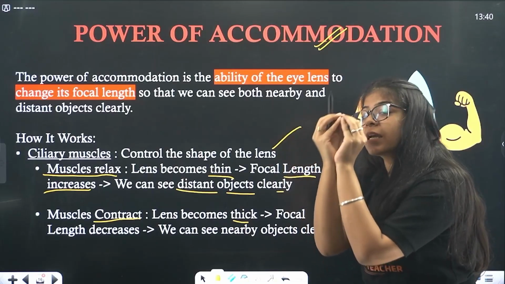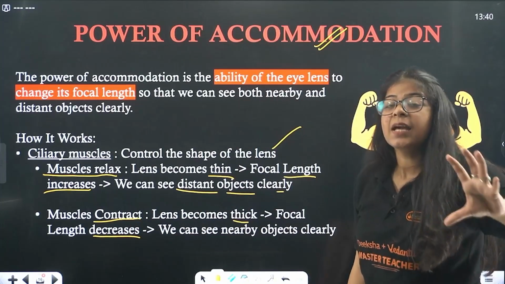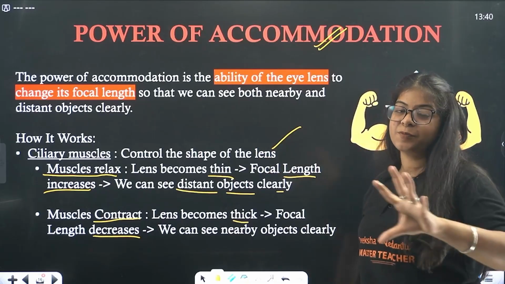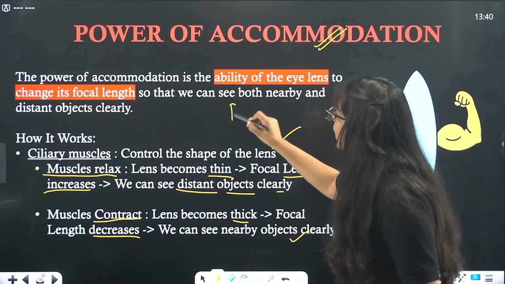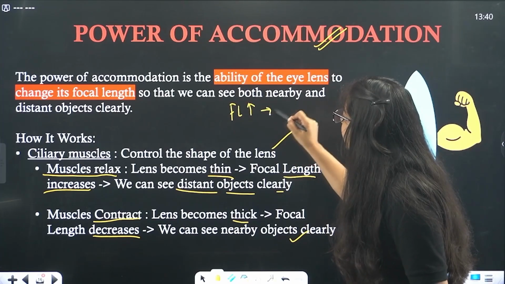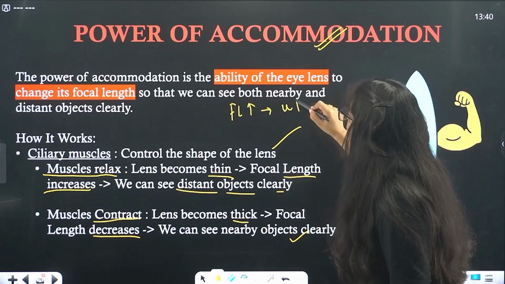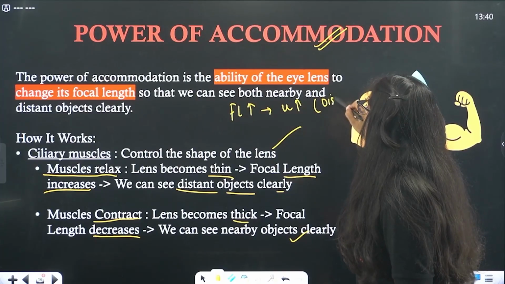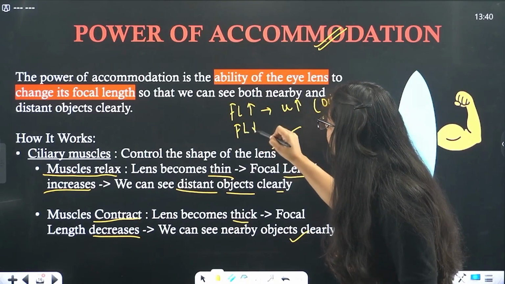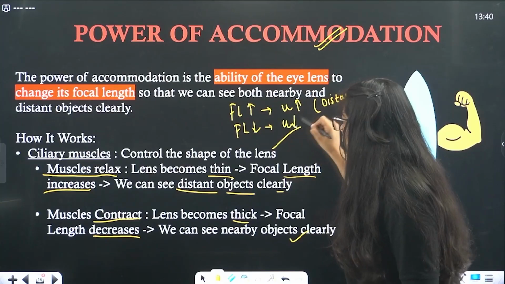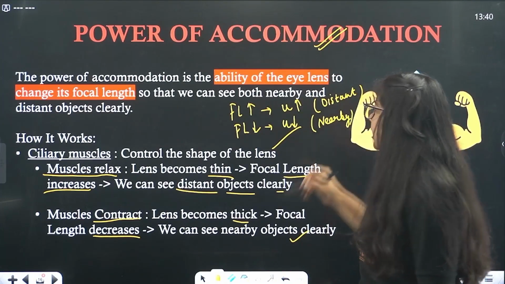When the lens becomes thick, focal length decreases, and the object distance decreases. That means nearby objects are seen clearly. How will you remember? When focal length increases, the distance of the object also increases. That's why we can see distant objects clearly. When focal length decreases, the distance of the object also decreases. We can see nearby objects very clearly.